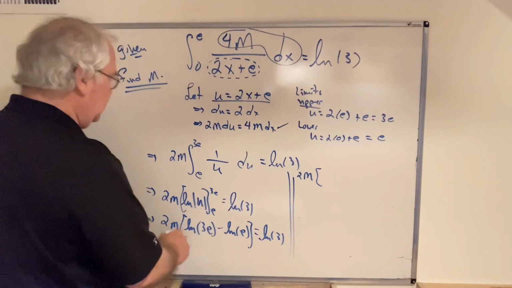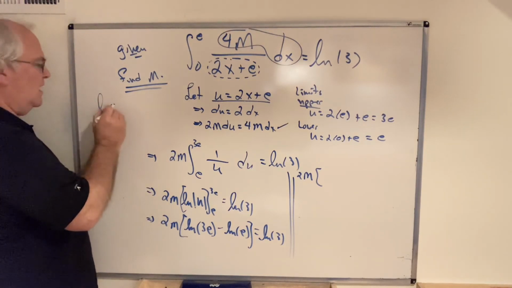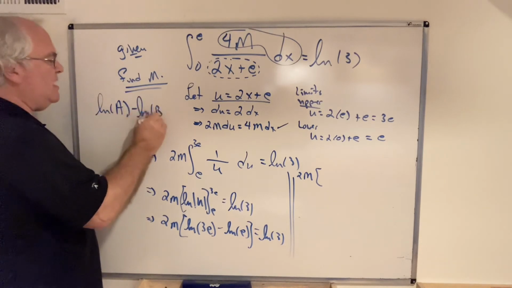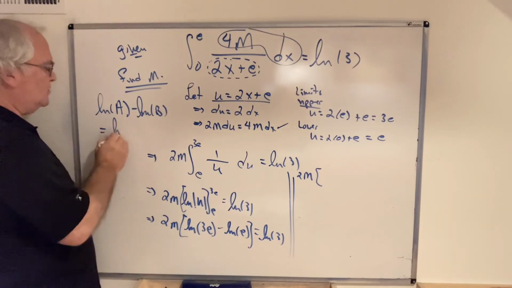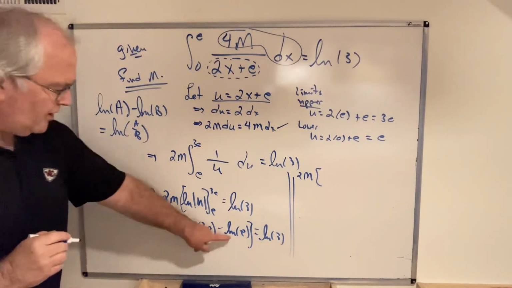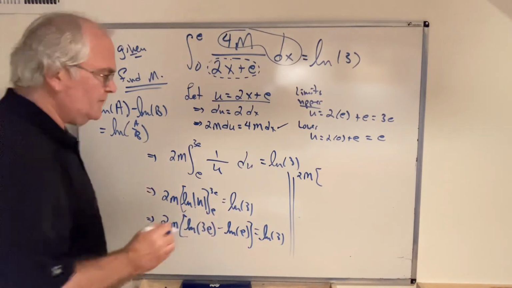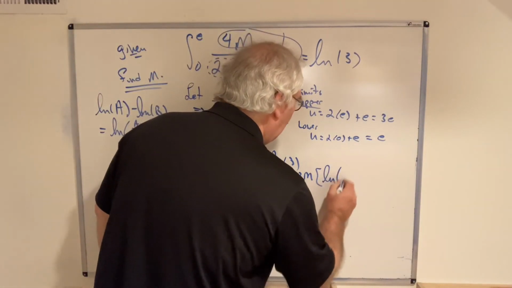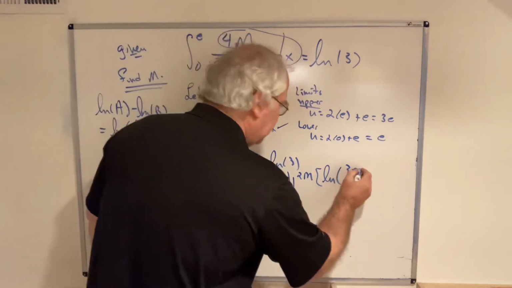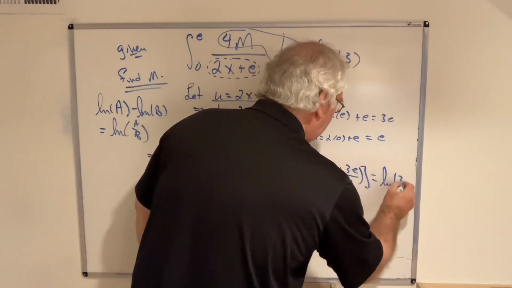Remember our rule that says natural log of a minus natural log of b is equal to the natural log of a over b. And so I can express this as the natural log of 3e divided by e. This isn't the only way to do this problem, but this is as good as any. And that's still equal to natural log of 3.